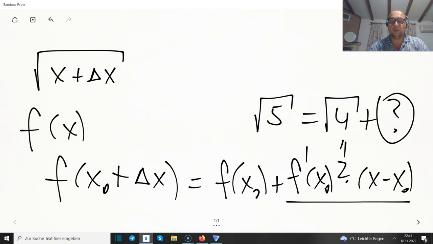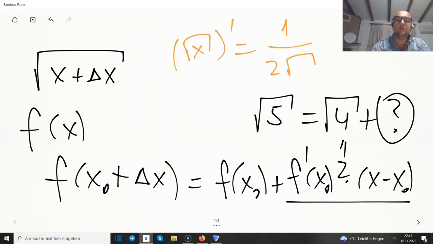So let me show you this at this example. The first derivative of square root of x is 1 divided by 2 square root of x. And the interval length that we're running from x0 to delta x is basically delta x.